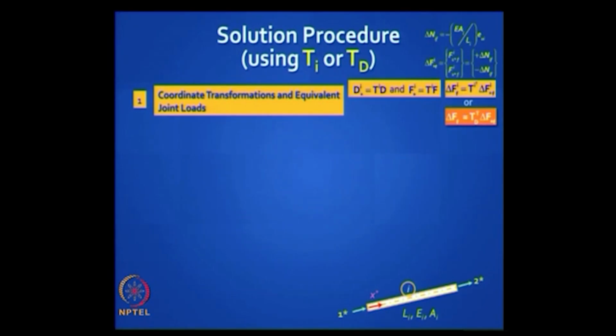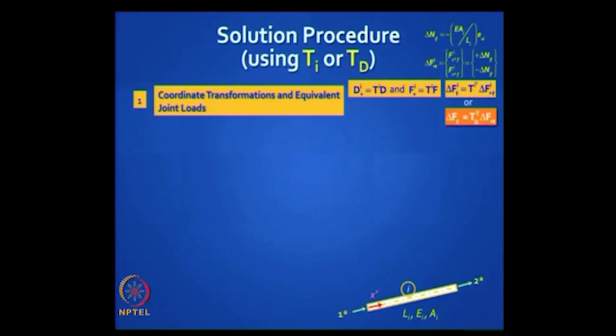So this is known, and then do you agree that if this is going into force delta Ni, that force has to be equilibrated by equal and opposite forces at the two ends, right? So can I write it like this, on the left side plus delta NiF and on the right side minus delta NiF, that is my delta Fi star F, that is my fixed end force.